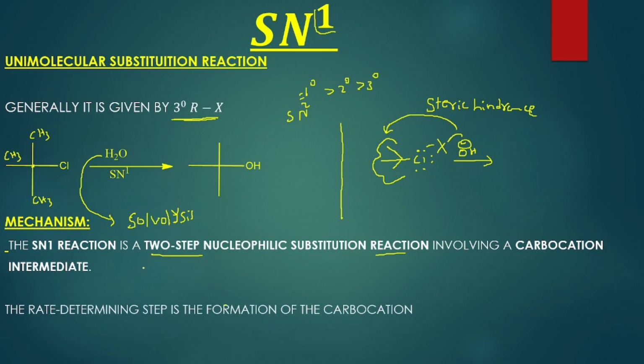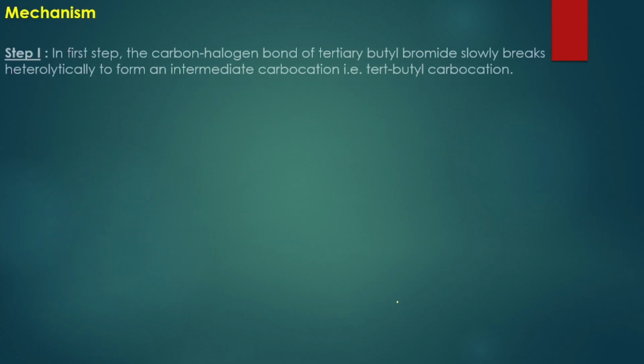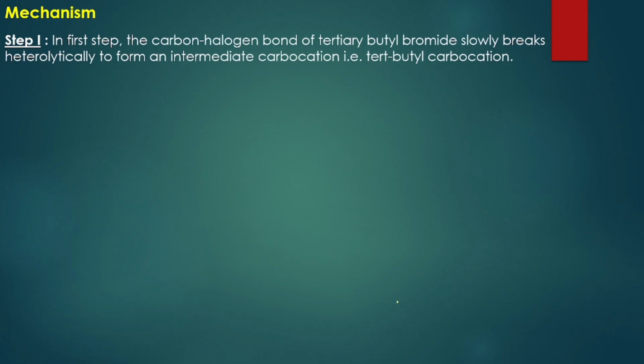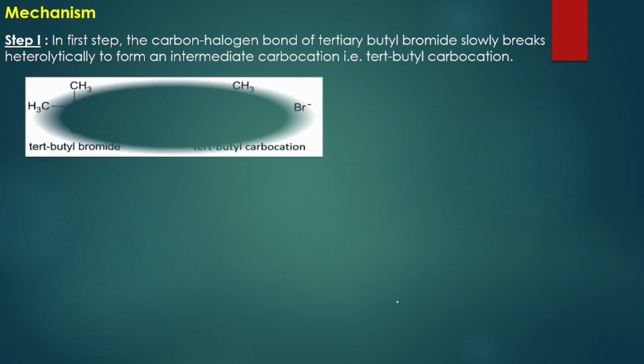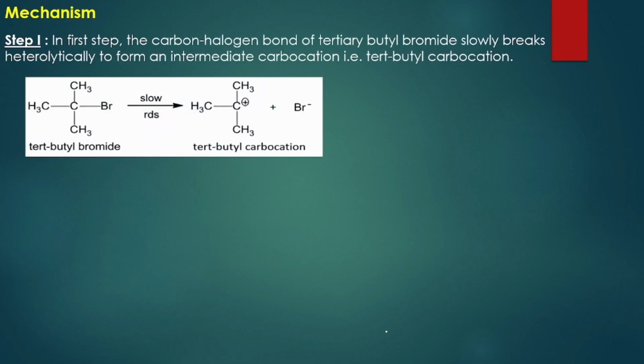So the rate determining step is the formation of carbocation. We'll see how it is happening. In the first step, the carbon halogen bond of tertiary butyl bromide slowly breaks heterolytically and it forms an intermediate carbocation. See here, students, clearly.